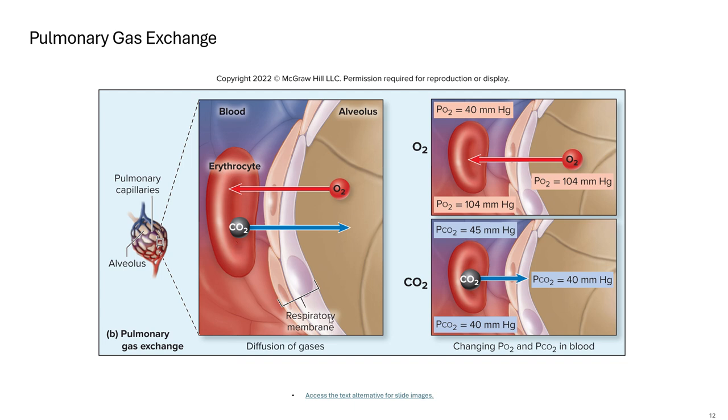So you've got this really thin layer of flat cells that allows the oxygen and the carbon dioxide to move across. What you can see in this left image, the left side of this table, is the general direction of each gas movement. Oxygen is moving from the lung to the blood. Carbon dioxide is moving from the blood to the lung. So you can think about how each of these gases got here.